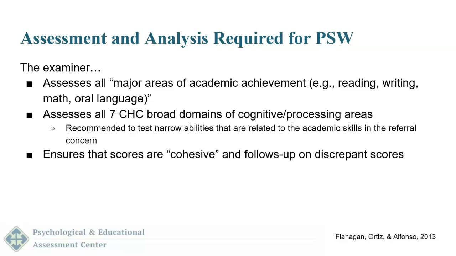The examiner also needs to ensure that all of the scores they obtain while assessing the individual are cohesive, meaning that the scores hang together and are not significantly discrepant from one another. If an individual does yield significantly discrepant scores, the examiner is required to follow up on those scores.